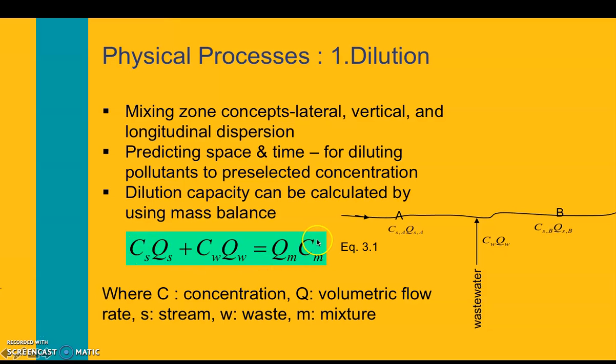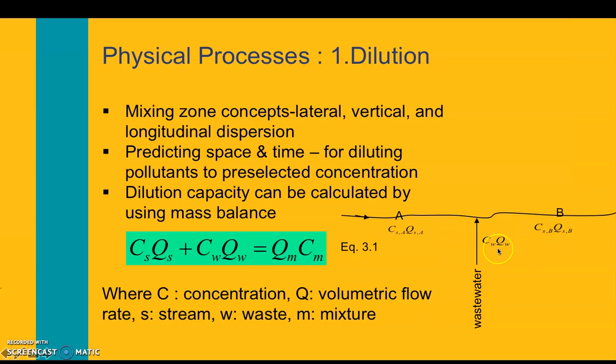Okay, for example, if you refer to this diagram, we can predict the concentration of the pollutant at point B, which is the point after wastewater discharge to the stream.